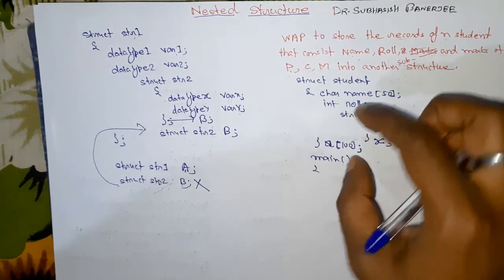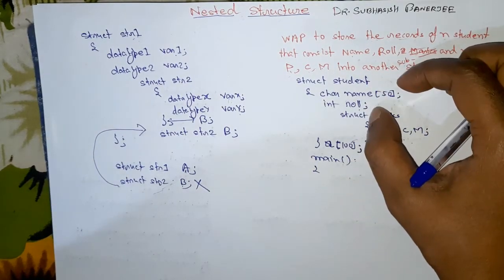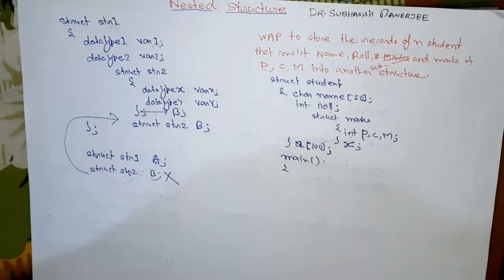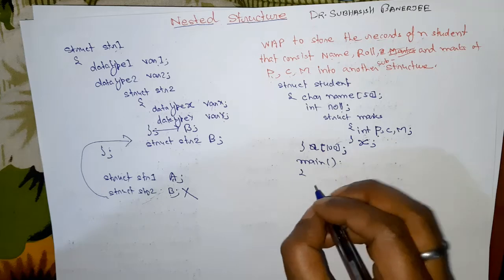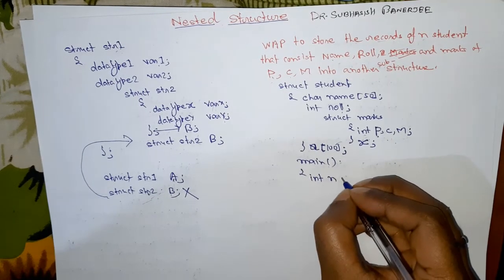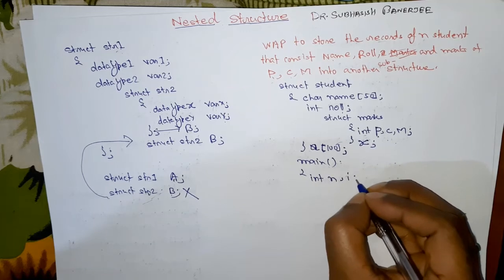These structures can be defined outside main as global, or if you wish, you may declare them inside main as well. The choice is completely yours. Now we need n first, so int n, and for the iterations we need i.